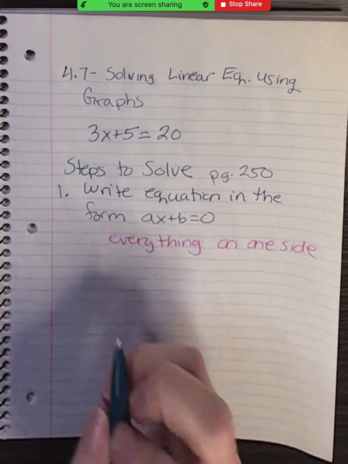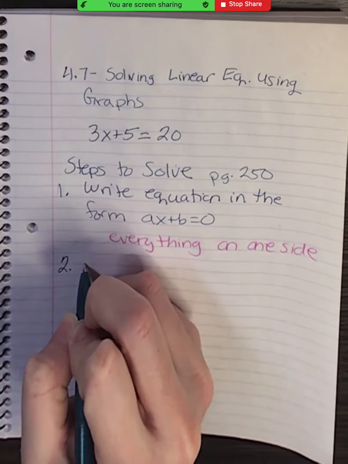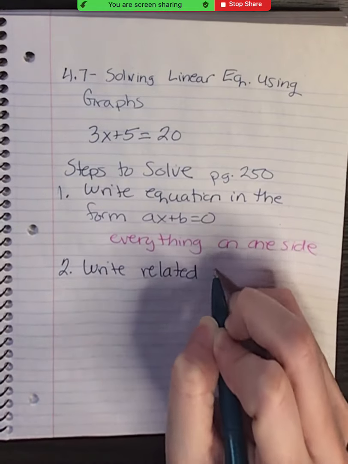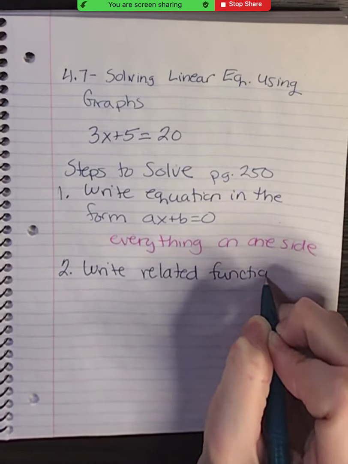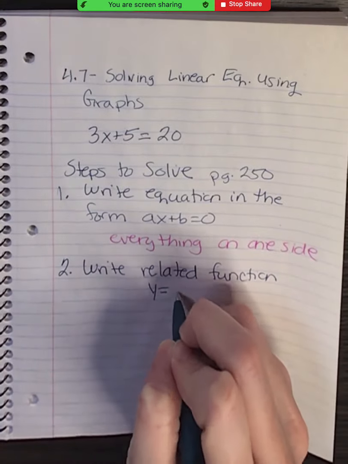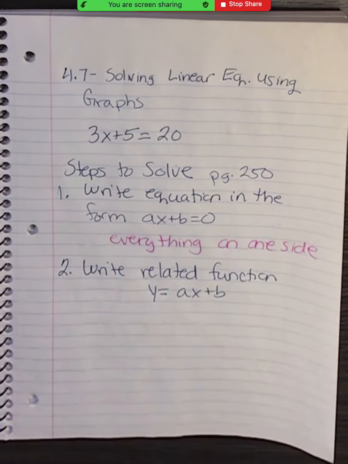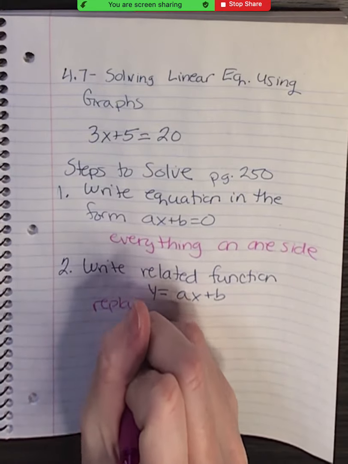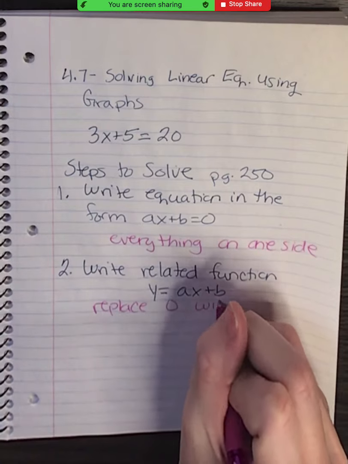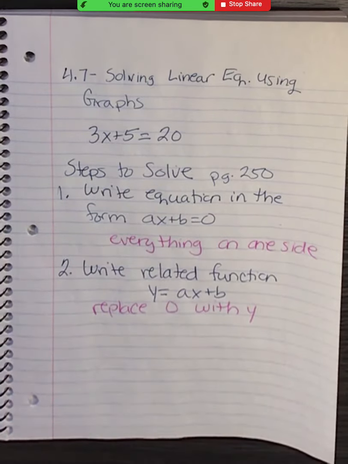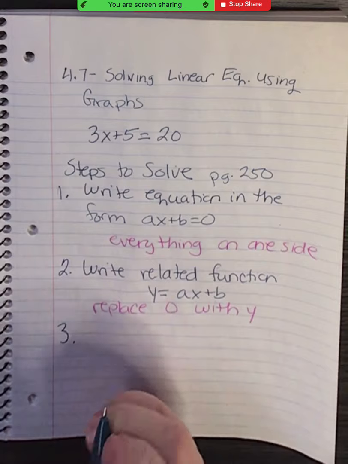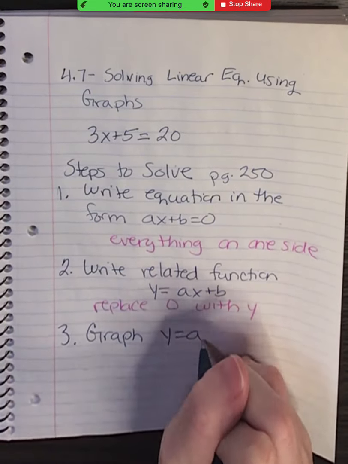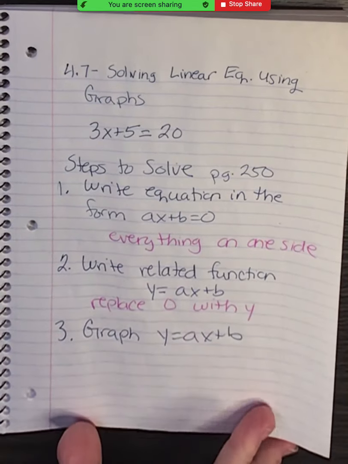Okay, then you're going to write the related function. So y equals ax plus b. What that means is replace your 0 with a y. And then finally, you're going to graph that equation.